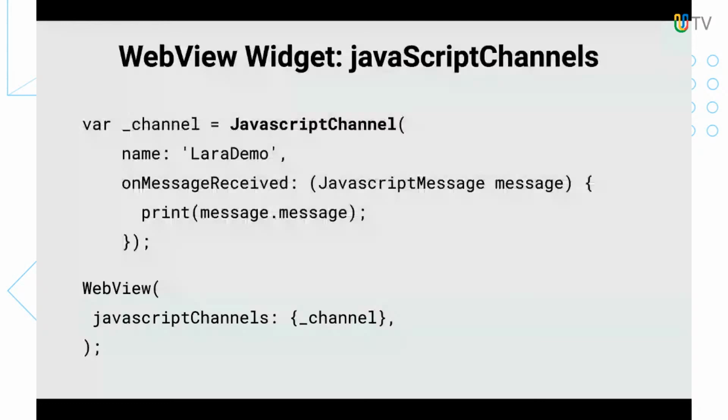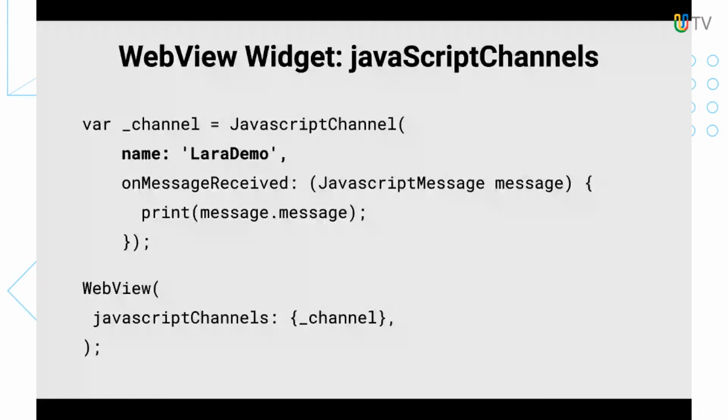So I'm going to define my JavaScript channel, which will have two properties. One is the name that will be used from the JavaScript side later to communicate with Flutter, and it's going to be like a static class object that you can already use on the JavaScript side. And in this case, it's named Lara Demo.